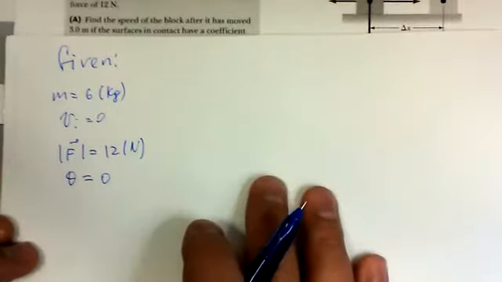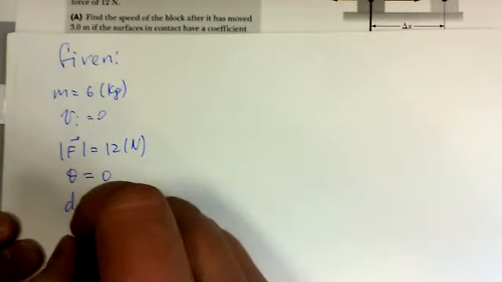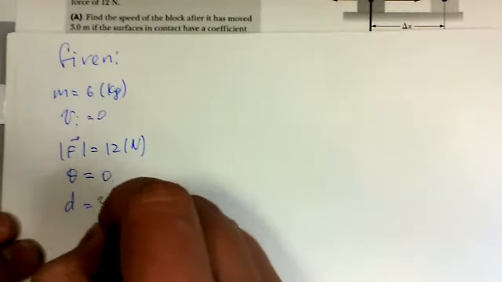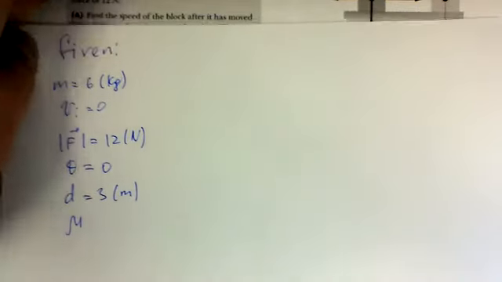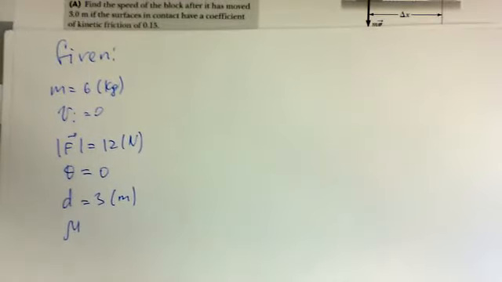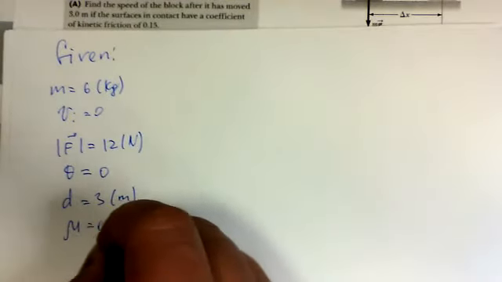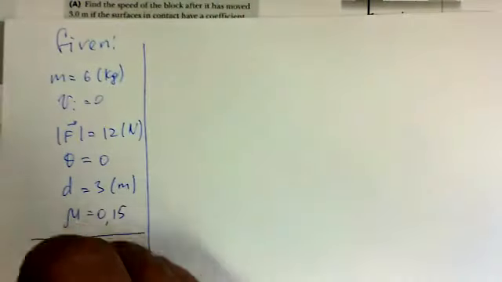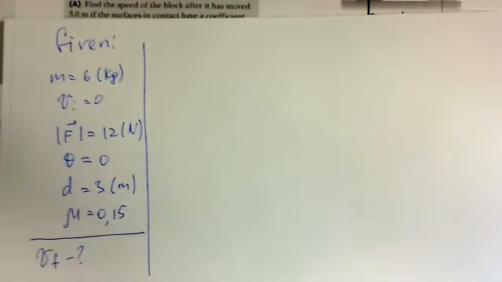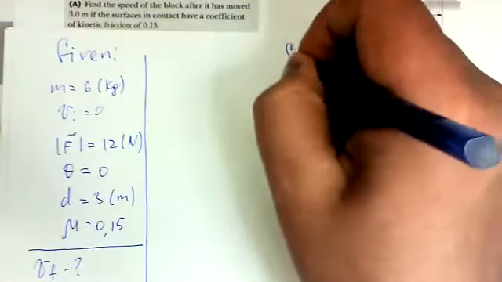Not horizon, but the surface of the table, which is parallel to the horizon. So d, the displacement, is 3 meters. And now we have the coefficient of kinetic friction, and it is equal to 0.15. We need to find the final speed in this case. Okay, solution.